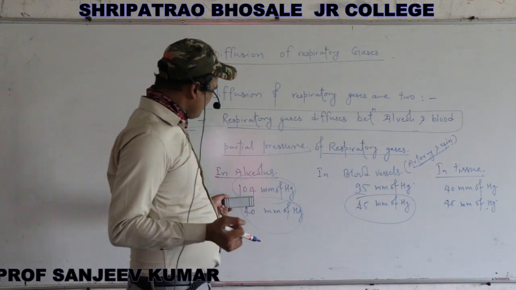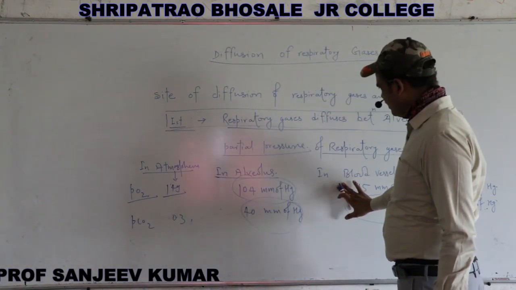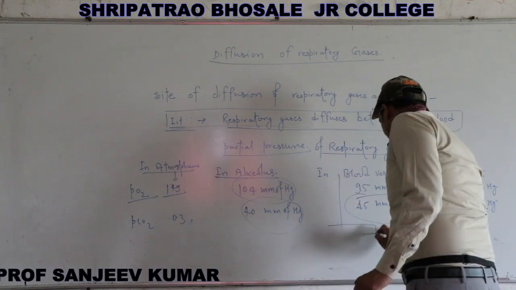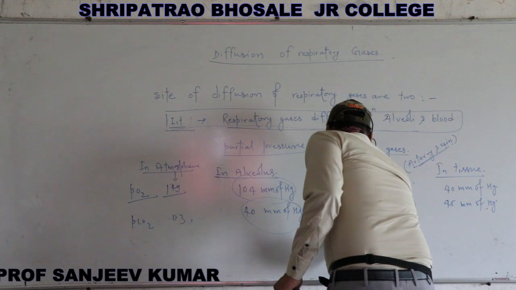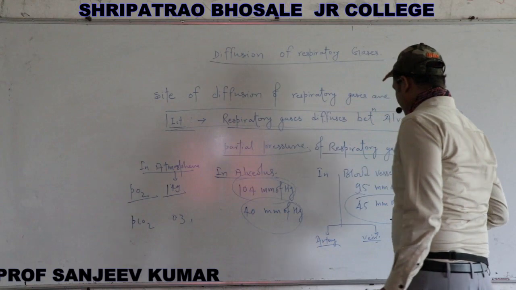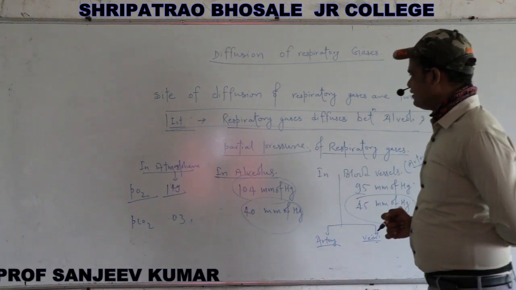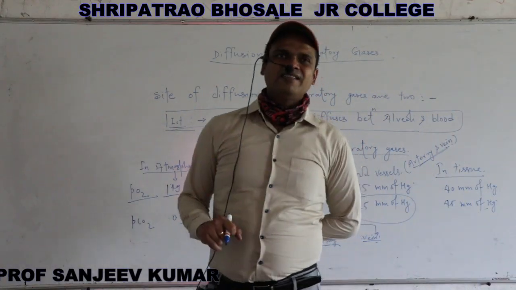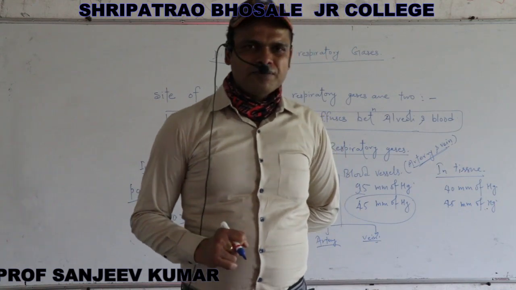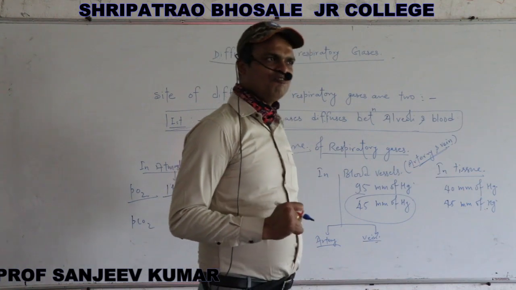Similarly, if we talk about the alveolus and blood vessels, the artery and vein. You know from the last classes, the systemic circulation of blood, the systemic artery and systemic vein.